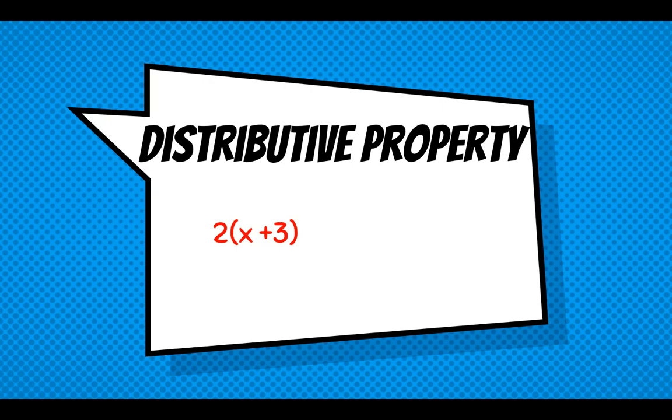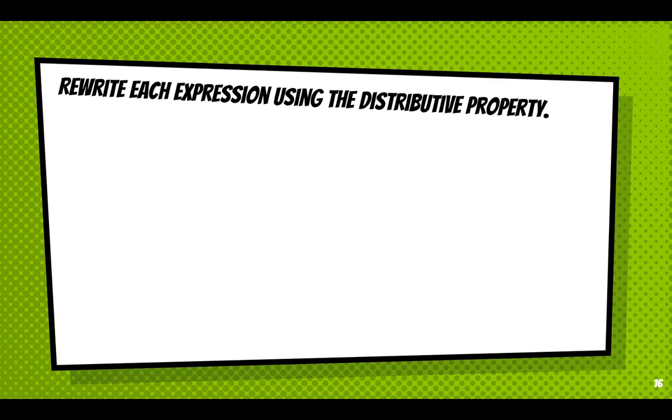When you distribute, we're just talking about multiplying a number usually in front of a set of parentheses. So we're going to take this number and it's going to get multiplied by each of the terms in parentheses. And so 2 times x will give us 2x, and 2 times 3 will be 6. Okay, so we'll go through some examples.